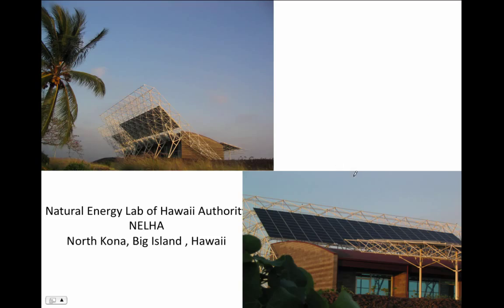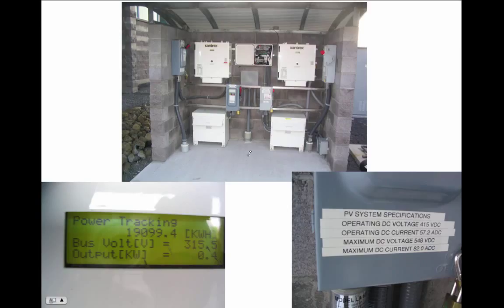This is a big solar electric system that's integrated in an interesting way with this building. This is on the Big Island of Hawaii, in an area called North Kona. It's the Natural Energy Lab of Hawaii. And this is a grid-tied system. These are the inverters.